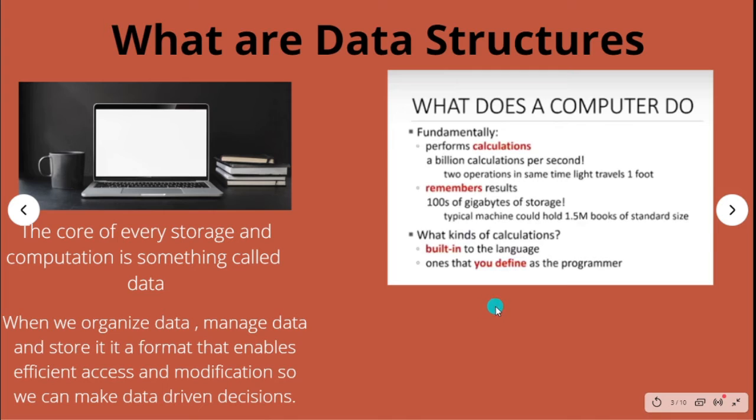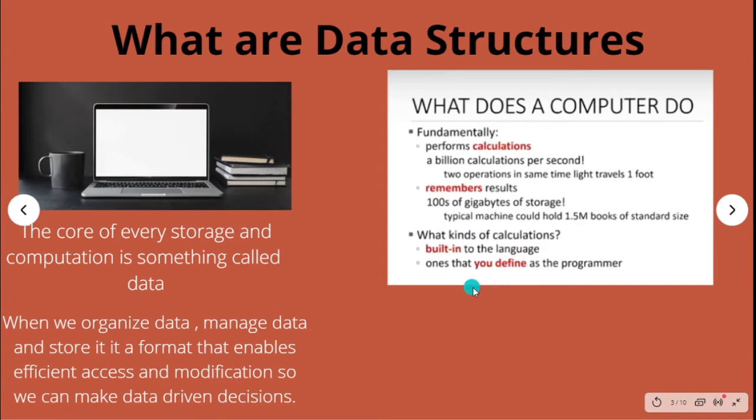So the first, of course, what are data structures and algorithms? To start this, we have to first look at a computer and ask ourselves, what does a computer do? Fundamentally, at the basics, a computer does two things.